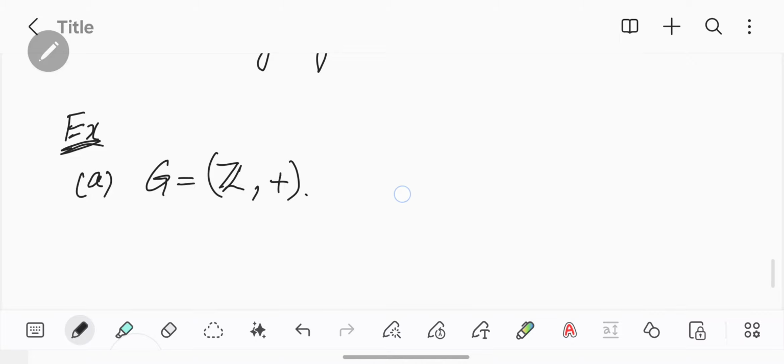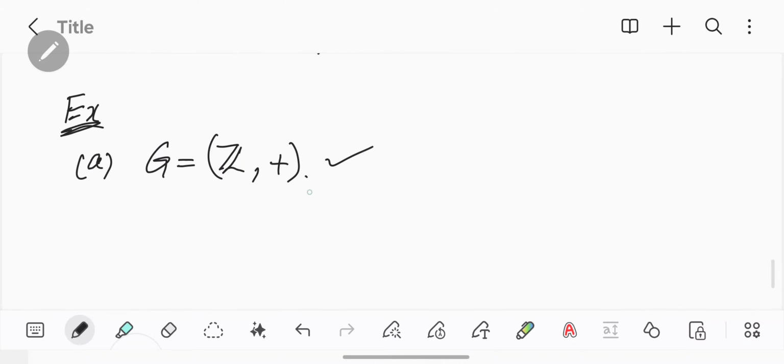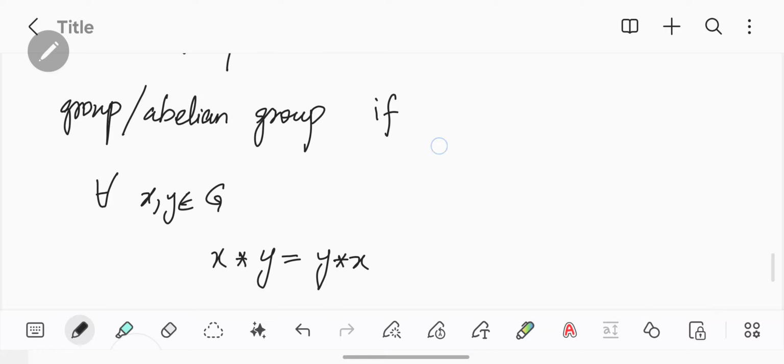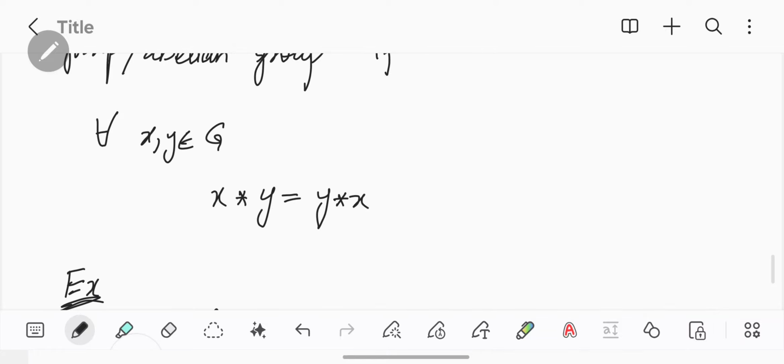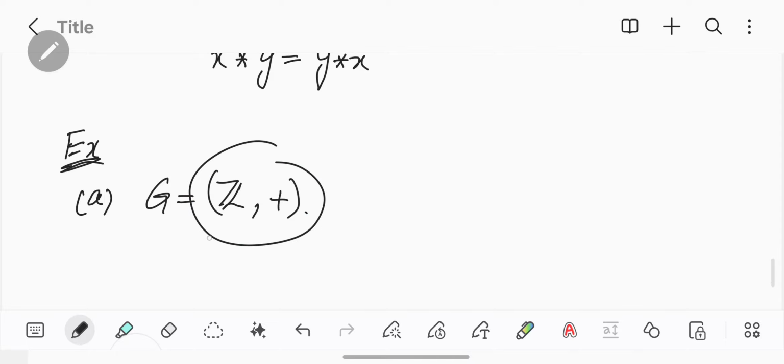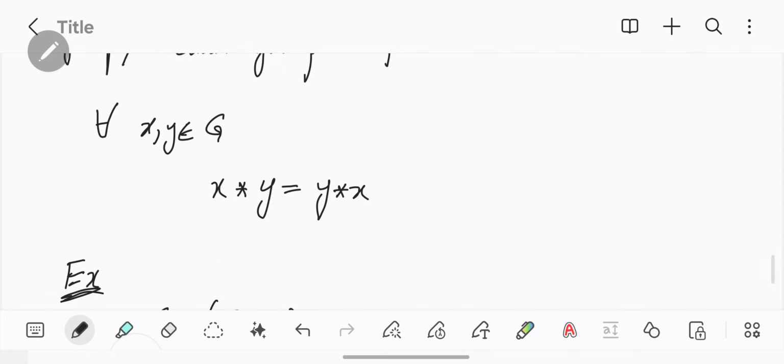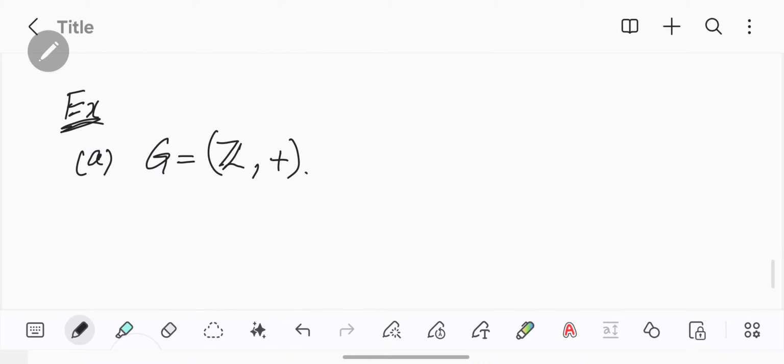Then we will check whether it is commutative or not. What do we have to do? We have to take any two elements from the group. Here the group is Z, the set of integers. And we have to check whether if I add x and y or I add y and x, can I get the same answer? So let's look.